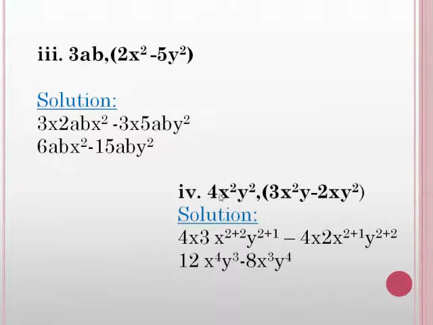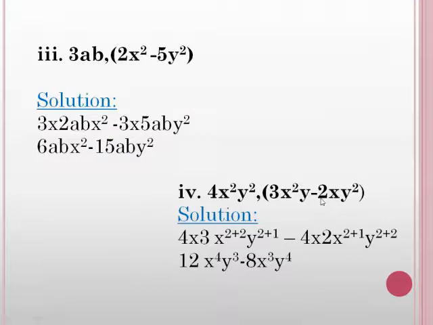In the fourth part we have 4x square y multiplied with 3x square y minus 2xy square. We multiply this expression with both these two terms. So firstly we multiply their coefficients, which are 4 multiplied by 3, and we add their exponents, x 2 plus 2 and y having 2 plus 1. Now the second expression is minus 4x square y multiplied with 2xy square.